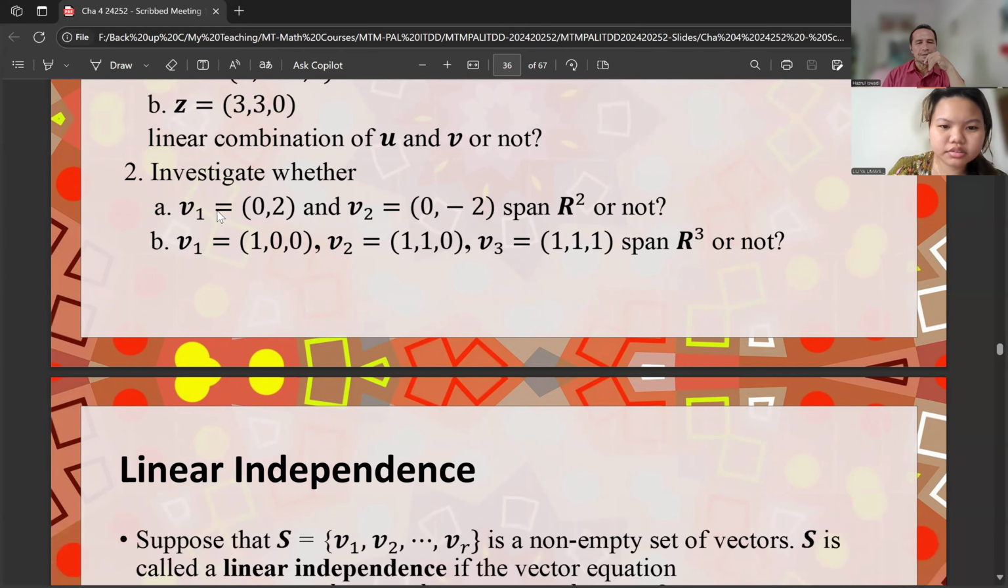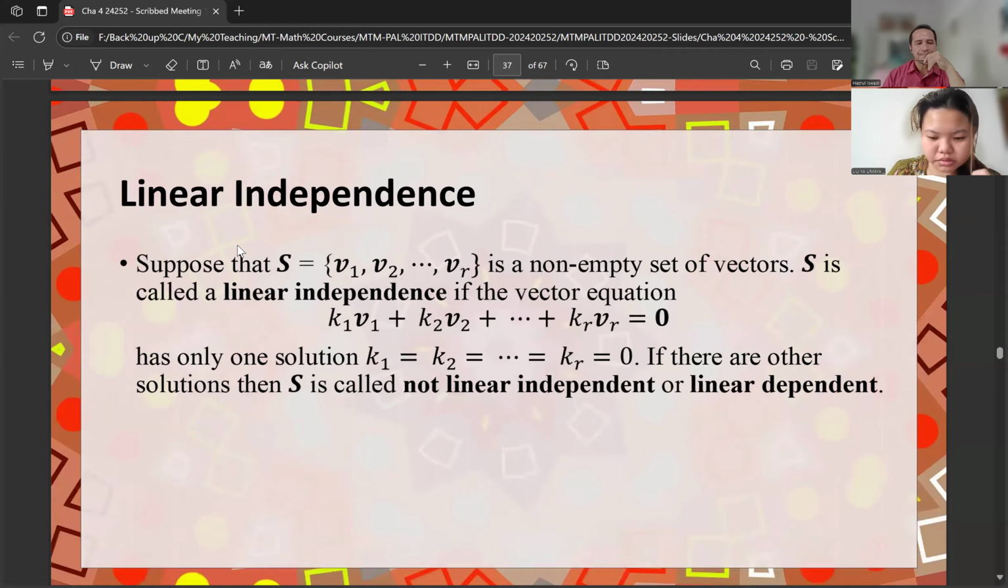And number two: we can say whether a set of vectors spans R2 or not. In B, we have three vectors, whether they span R3 or not. And I have shown you how to do that.